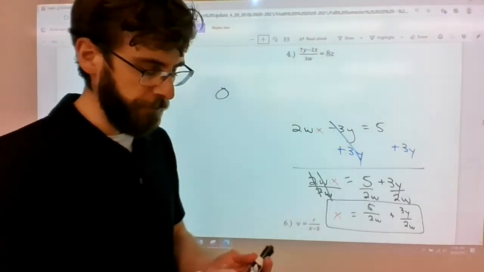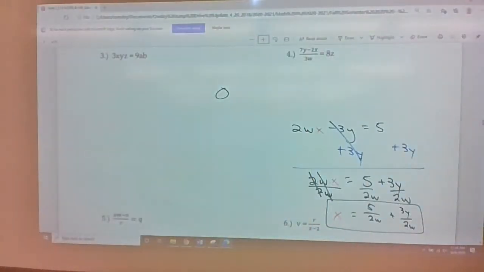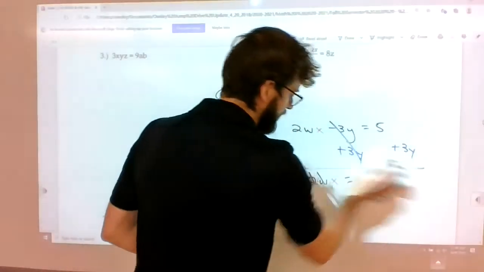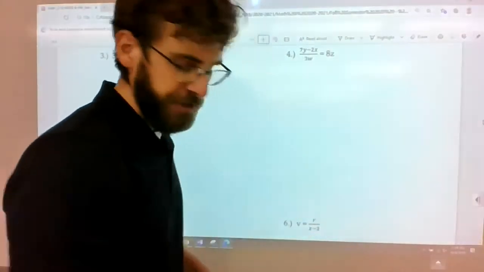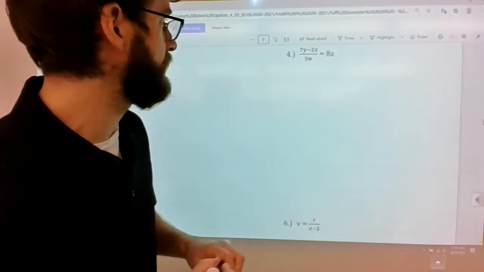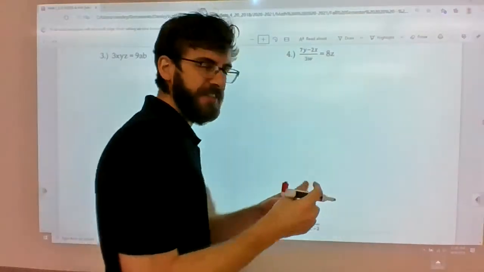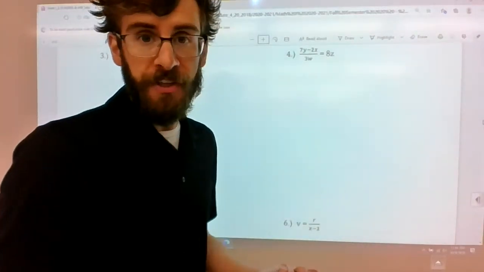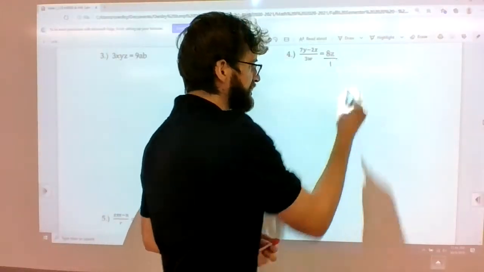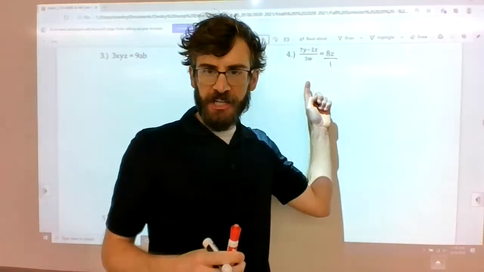Now, I already did this for first hour, but it's not a bad idea to do it again, just in case you guys were in la-la land when I was explaining things. So, if you see a fraction on the left, on the right-hand side, it's a whole number, you can put that over 1 just to visualize a fraction equals a fraction.